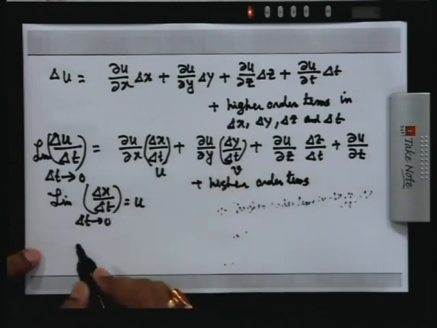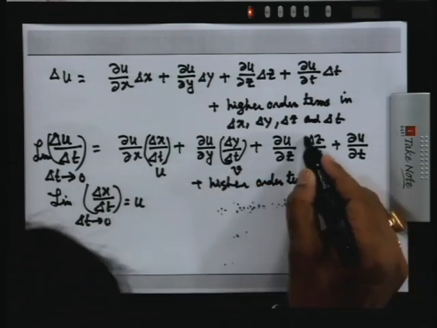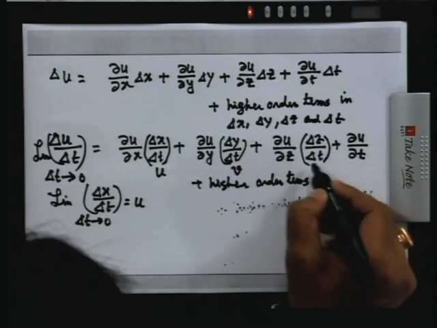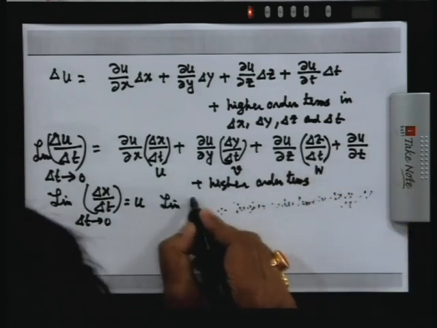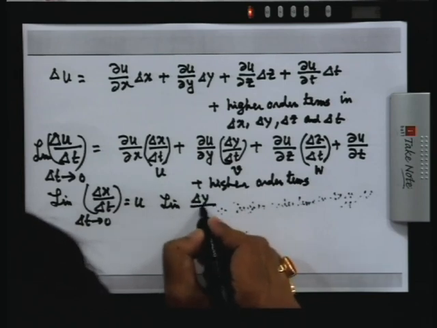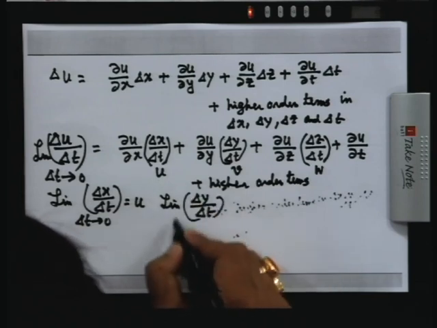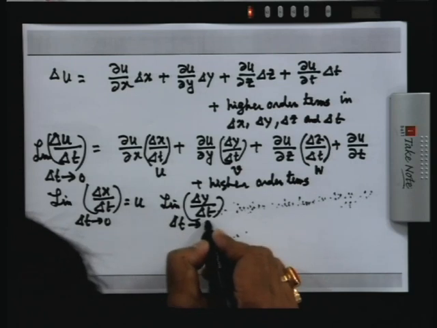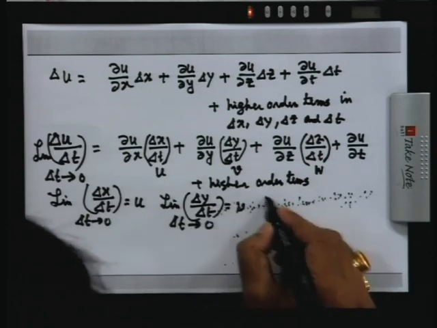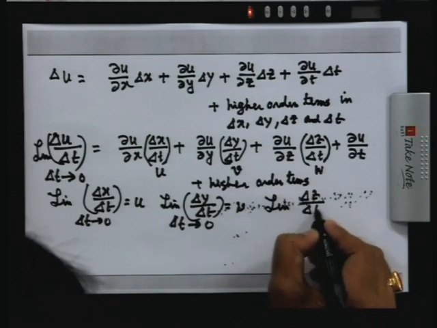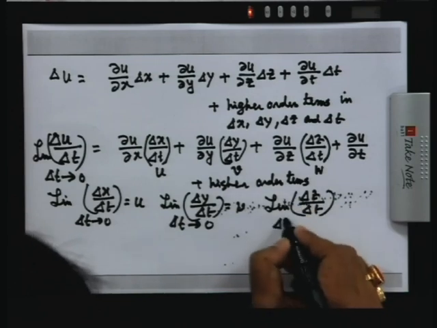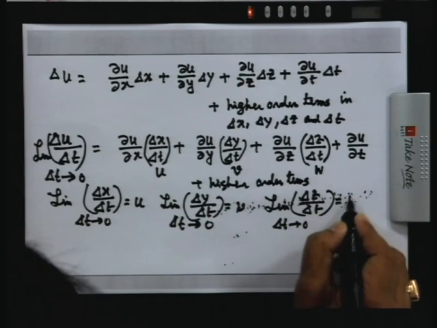And the limit of del z del t as delta t tends to 0 is w.